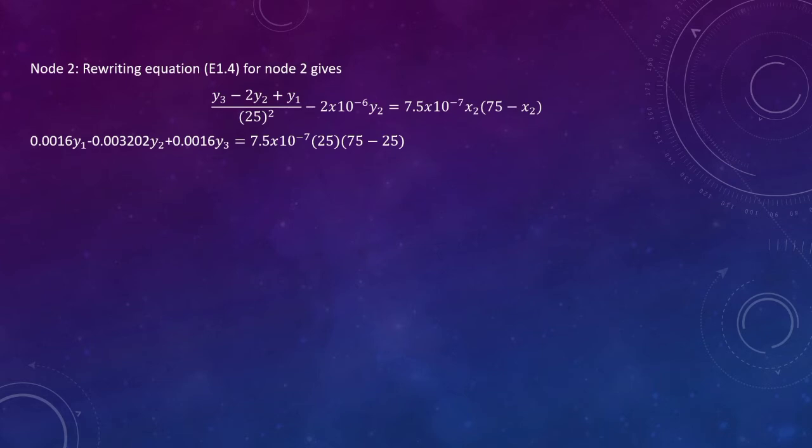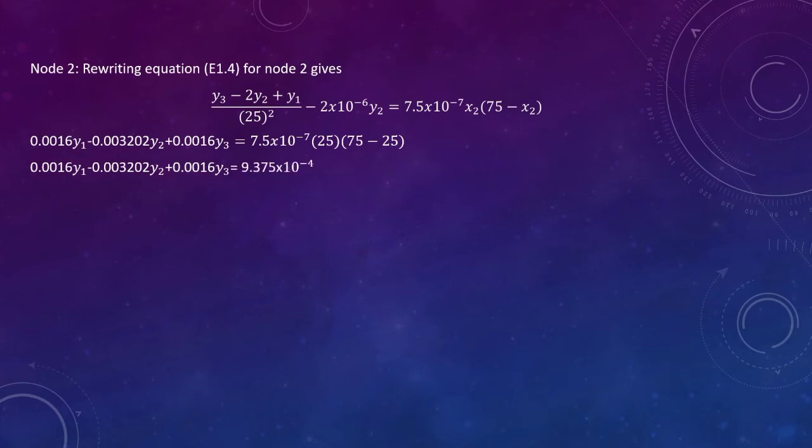Same goes with 0.003202 y sub 2. You input negative 2y sub 2 over 25 squared in your calculator, and then the 0.0016 y sub 3 is y sub 3 divided by 25 squared.